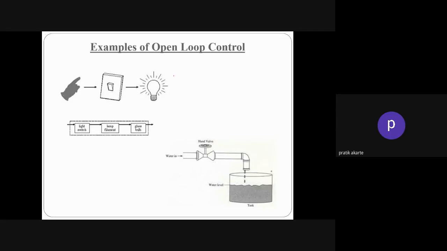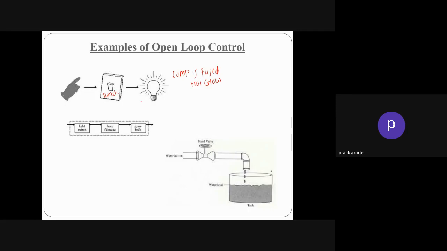But what happens if this lamp is fused? It will not glow. In that case, is there any arrangement that this controller, that is this switch, will automatically take some corrective action?